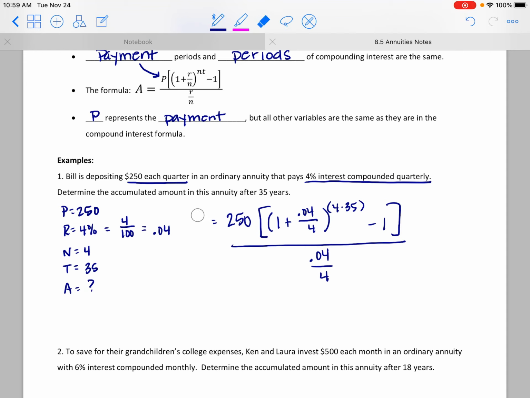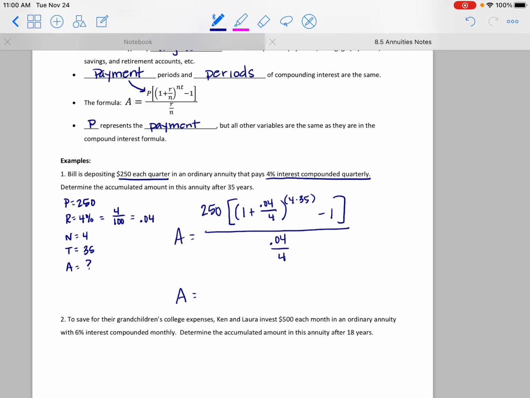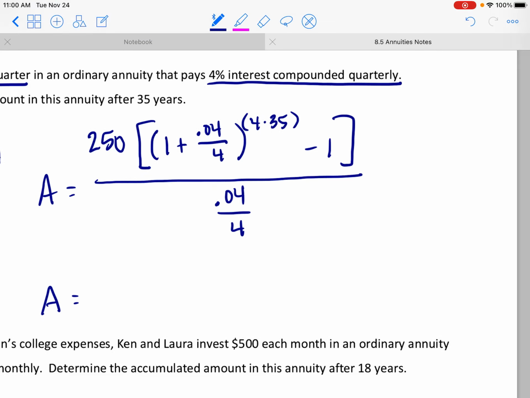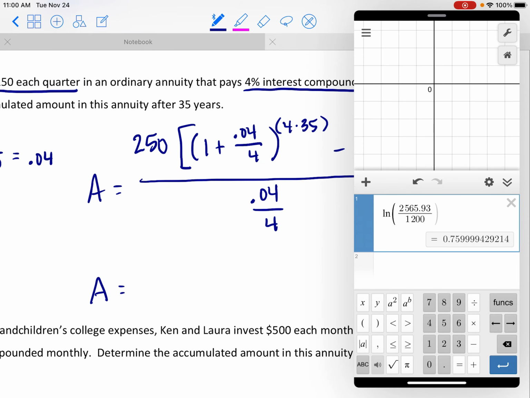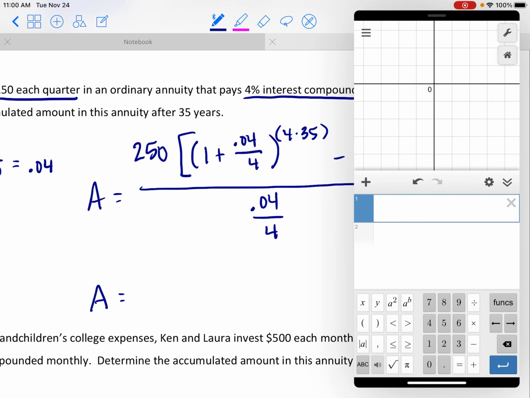That's probably the hardest part, just to make sure you have everything plugged into your formula correctly. From here, the other hard part is typing it into the calculator correctly. Fortunately, Desmos looks really nice for us and allows us to type this in exactly as we see it. So let's make a fraction first, by hitting the divide button, and then on the top we're going to put in 250, and then a bracket in the formula.